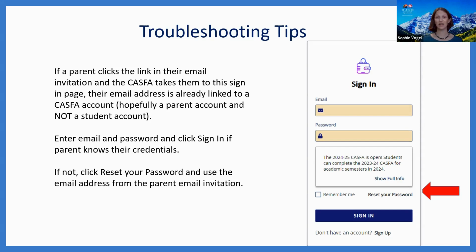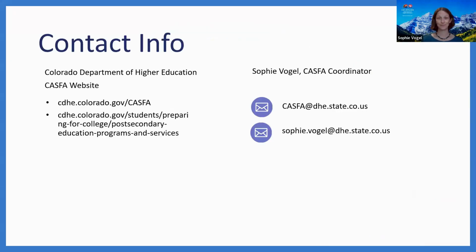However, that is what the system is indirectly saying by allowing you to sign in. So for a parent, they can enter the email and password and click sign in if the parent knows their credentials. If the parent doesn't know their credentials, they can click reset the password and use the email address from the parent email invitation. So that is another way to troubleshoot if your student and family is encountering difficulties in this area. Next slide, please.